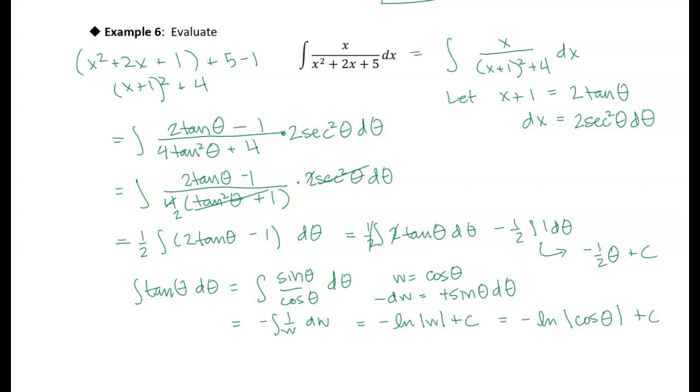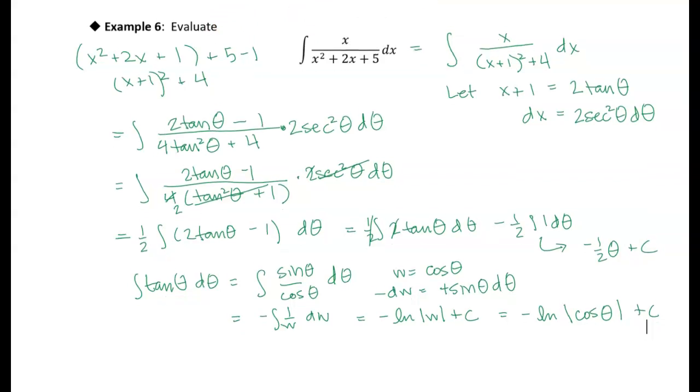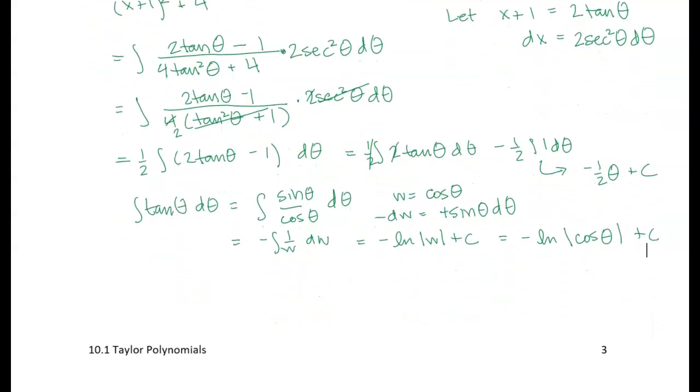All right, so if I put that all together, I have this natural log term, and then I also have the theta term, right? Because I have to go back to my original integral that I was trying to solve. So I just had to do this little tangent integral off to the side. So let's see.